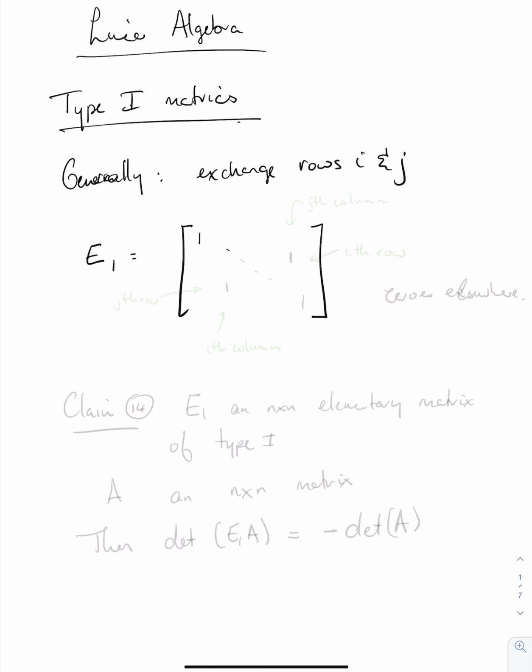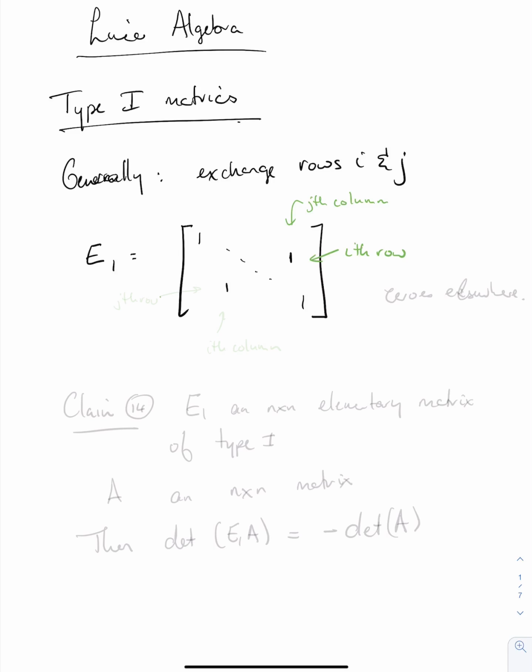It will kind of look like an identity matrix, but in the ith row, it will have a 1 in the jth column.